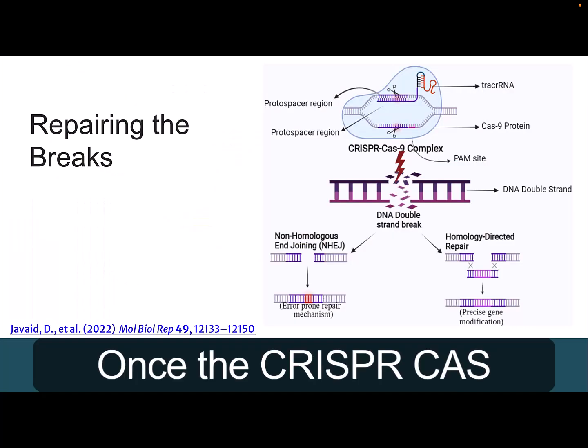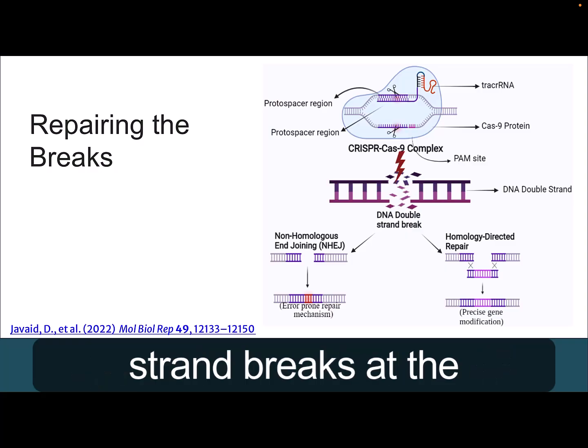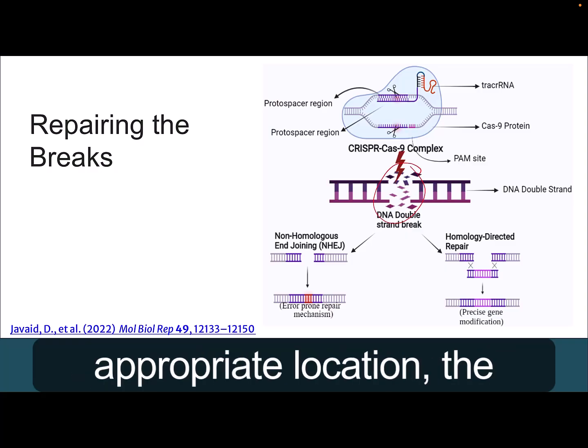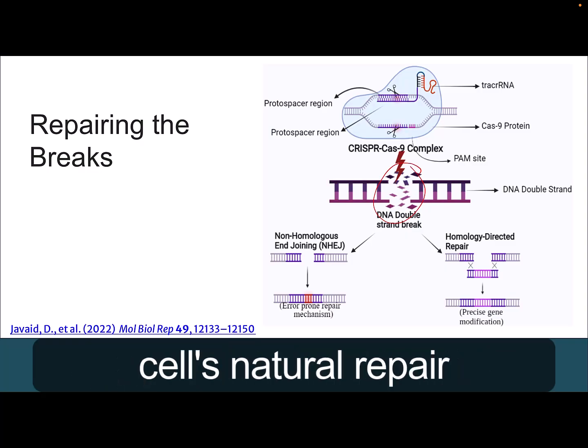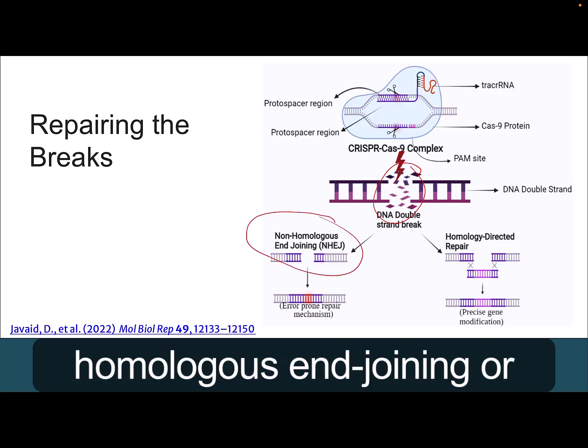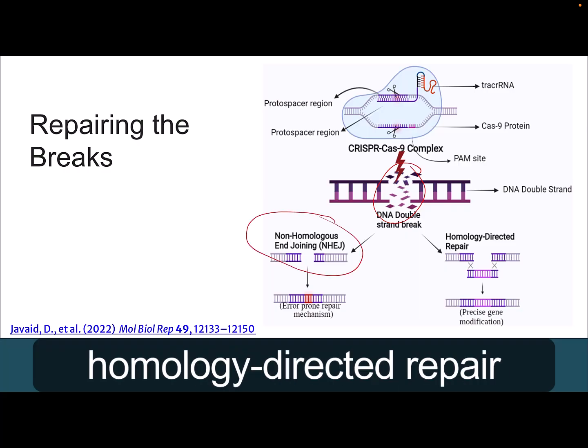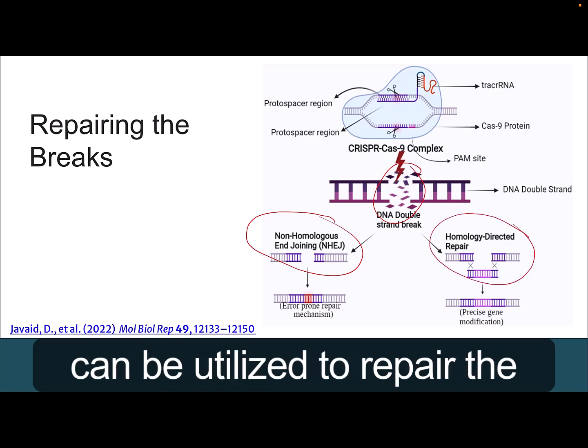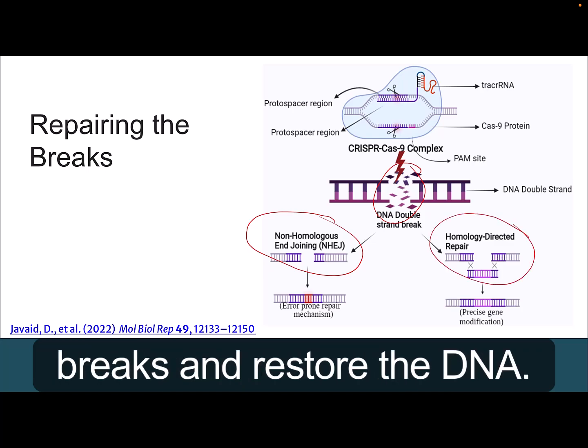Once the CRISPR-Cas system has made the DNA strand breaks at the appropriate location, the cell's natural repair mechanisms, either non-homologous end joining or homology-directed repair, can be utilized to repair the breaks and restore the DNA.